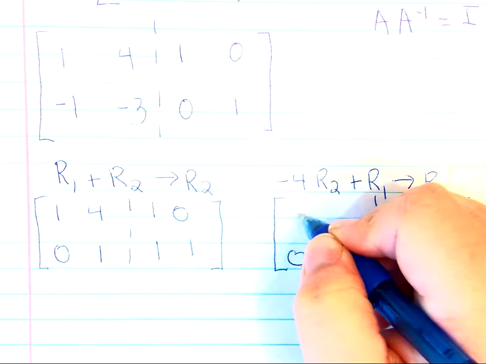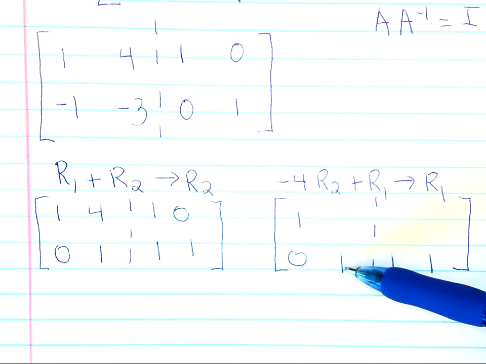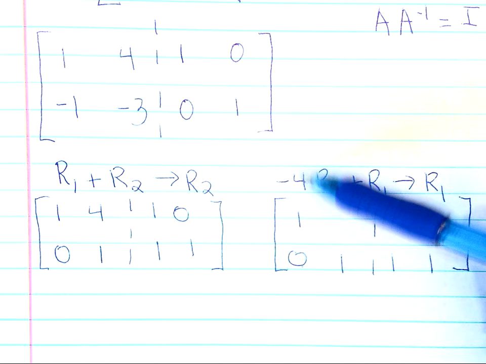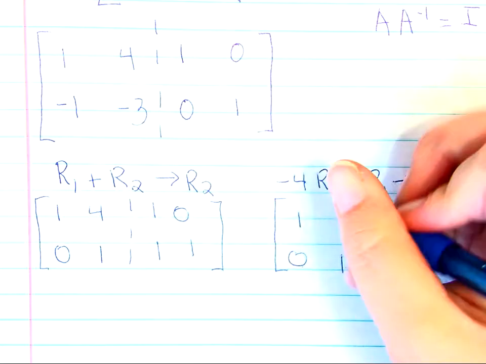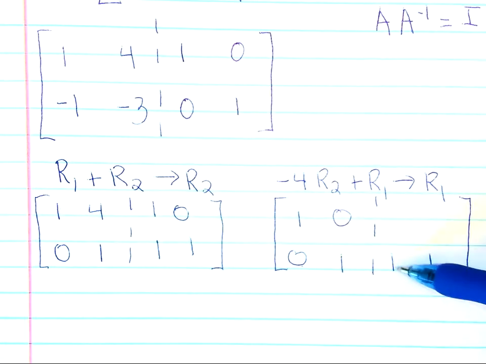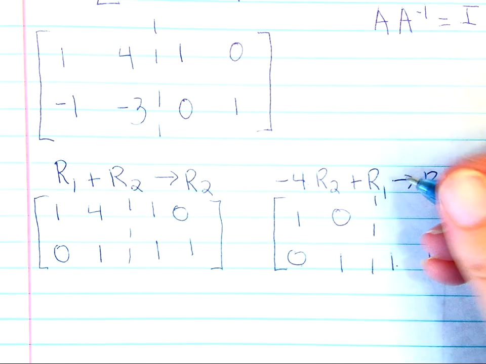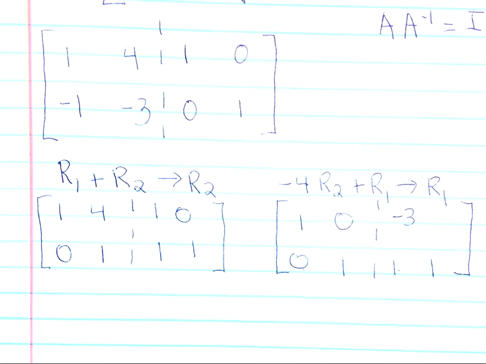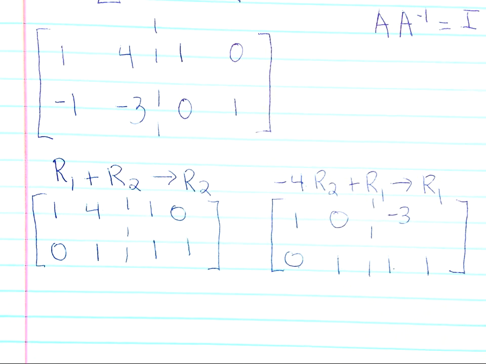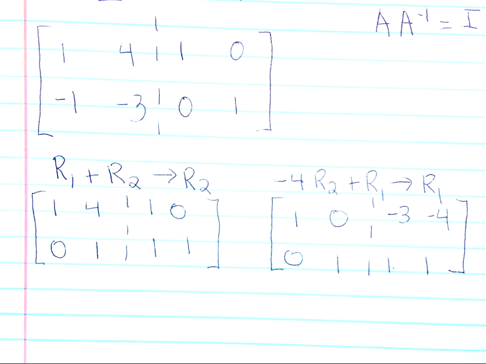So that's going to stay a 1. Then we're going to take 1 times negative 4 and add that to 4. So we're going to get 0. Then we're going to take 1 times negative 4. So we are going to get negative 3. And then we are going to take 1 times negative 4 and add that to 0. So we're going to get negative 4.